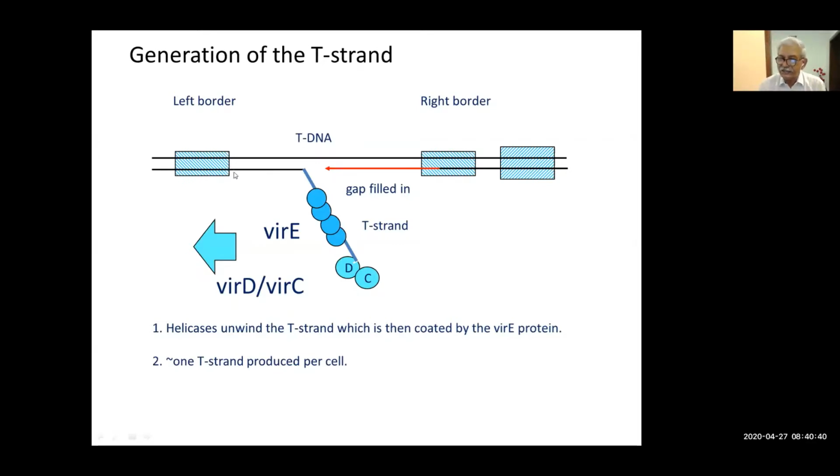Okay, so this tDNA contains 4 nucleotides from left border and 4 nucleotides at the end from right border, and all the single-stranded DNA gets separated after the second nick by VirD2 here. Okay, just 4 nucleotides inside the left border, producing a single-stranded tDNA molecule.